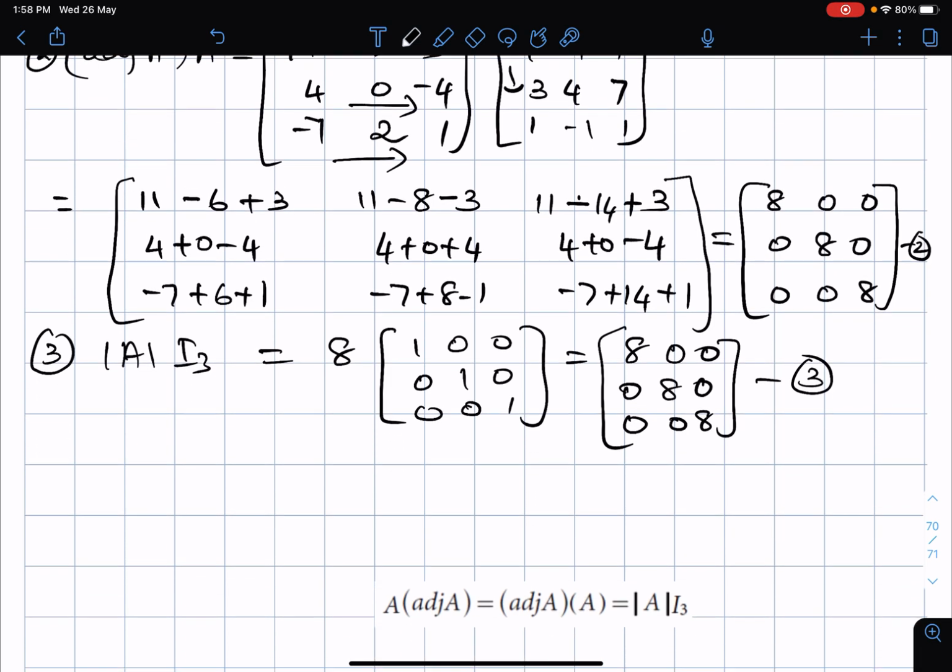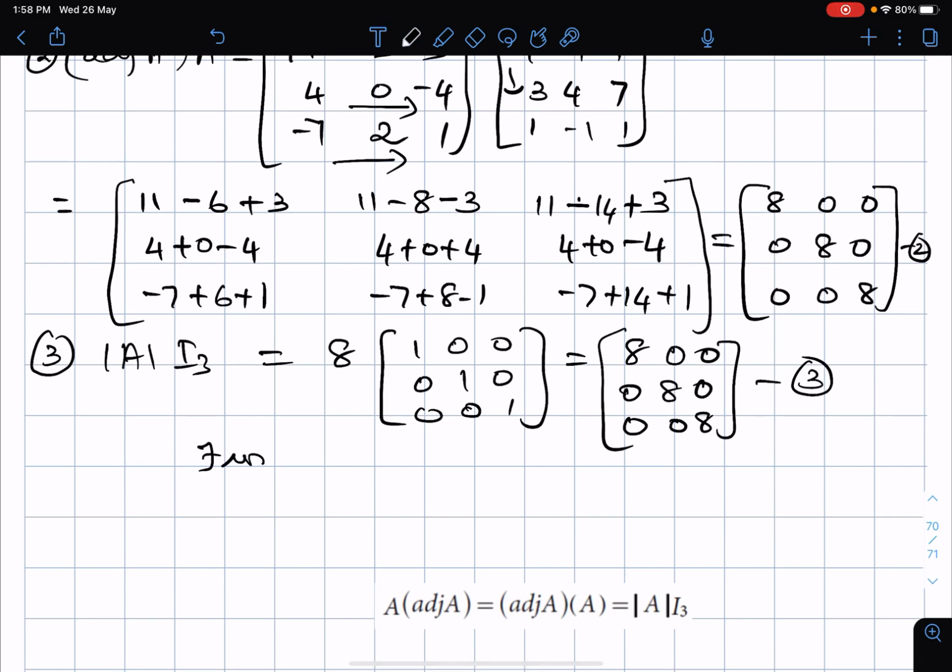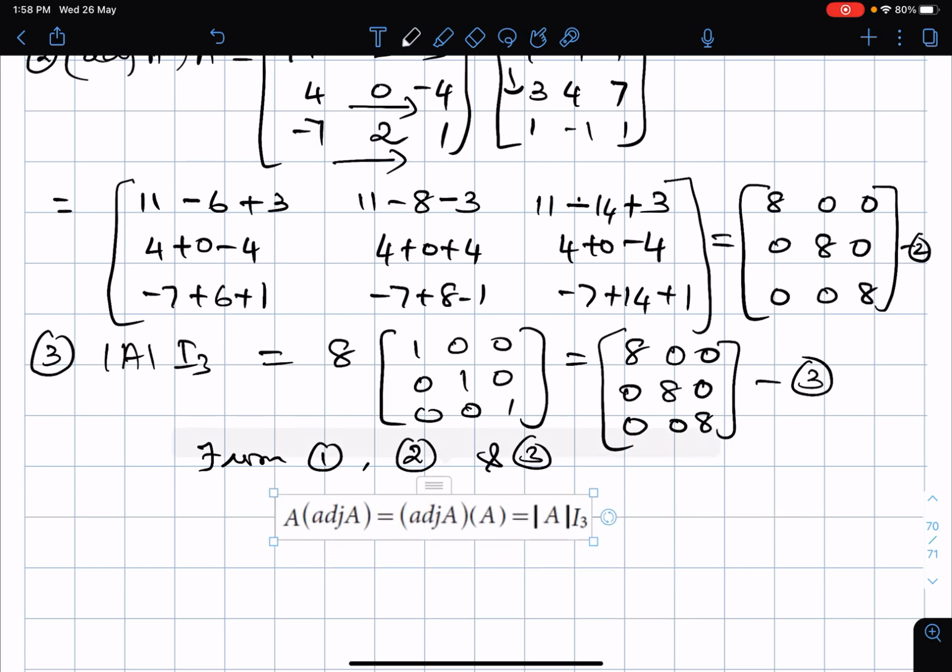So from 1, 2 and 3, what do you get? All are equal, isn't it? From 1, 2 and 3 we have verified. This is proved. A into adjoint A equal to adjoint A into A equal to determinant A into I3, hence proved.